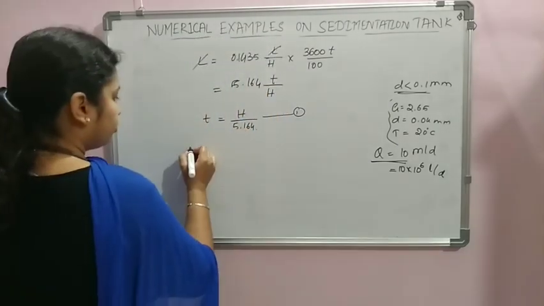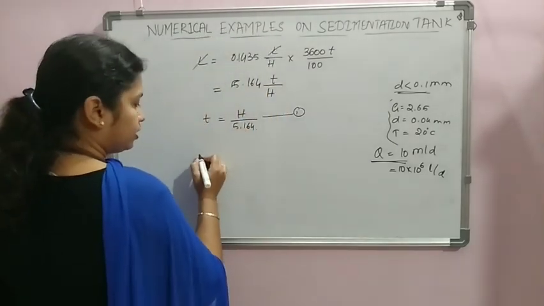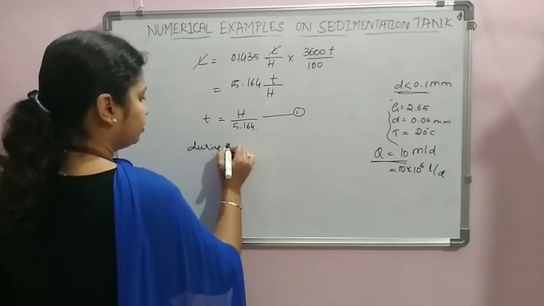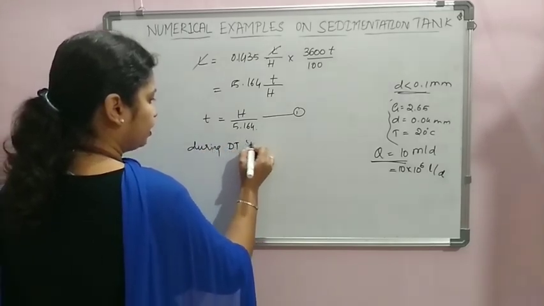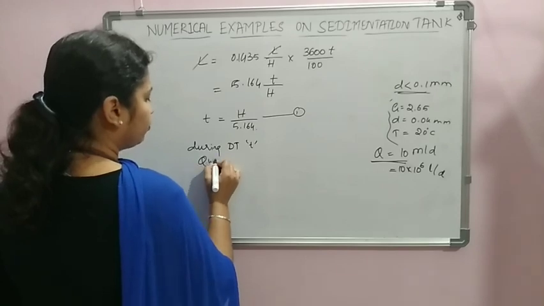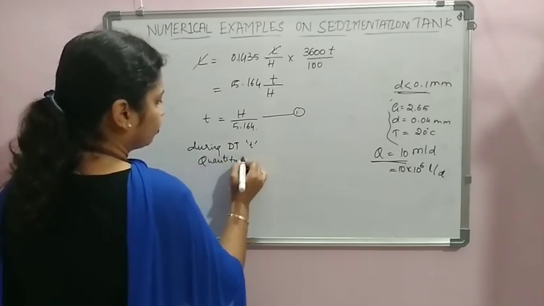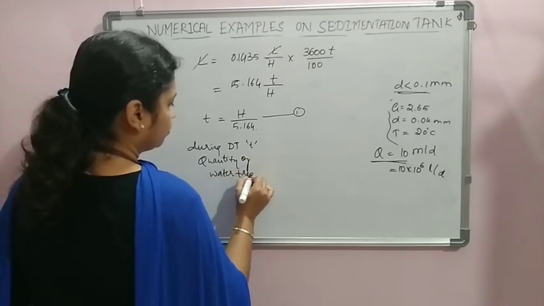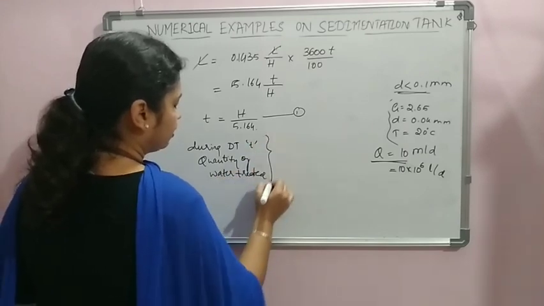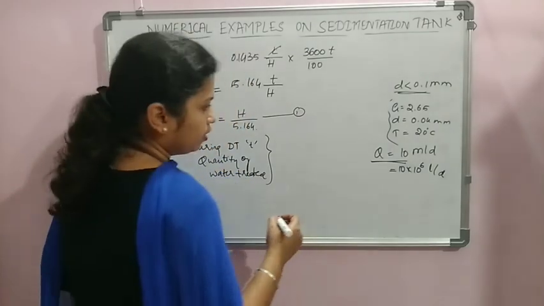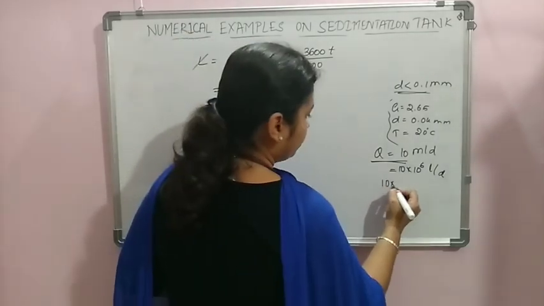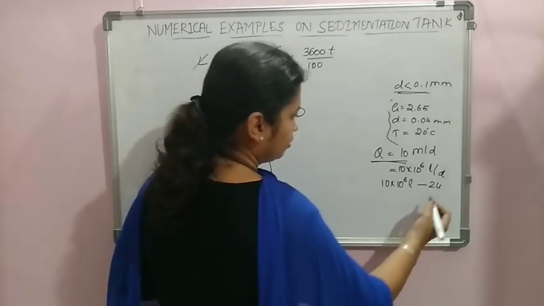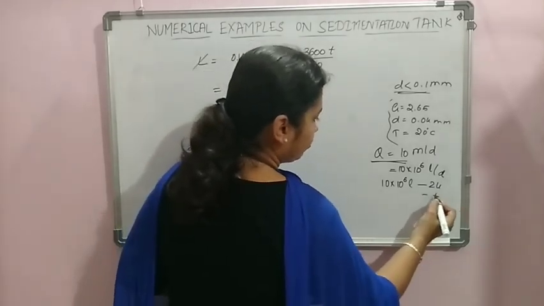So if during the detention period, let us say T, we calculate the quantity of water treated, by cross multiplication, 10 into 10 raised to 6 liters is the amount that we are going to treat in 24 hours.